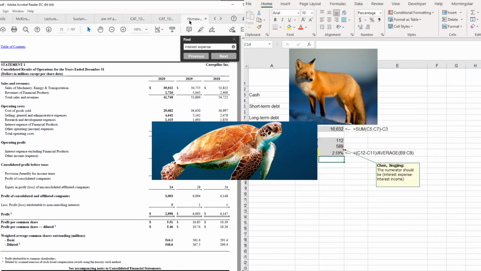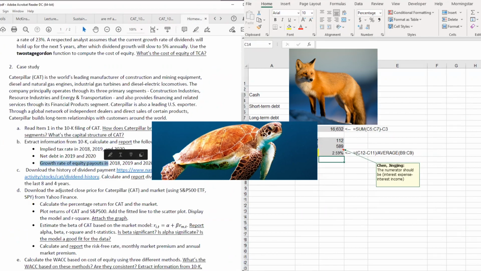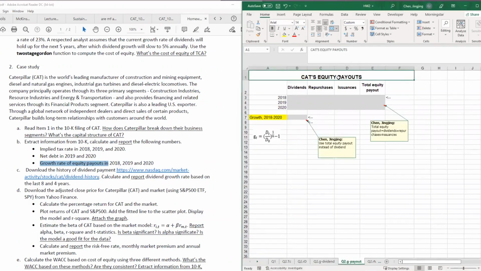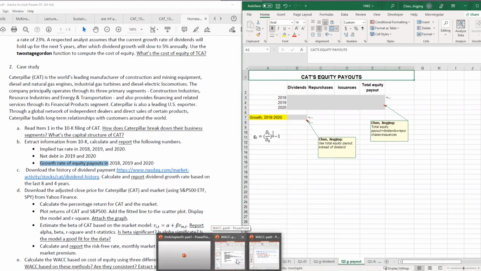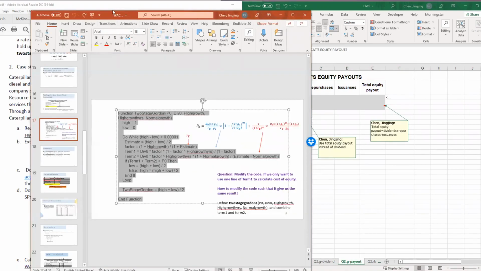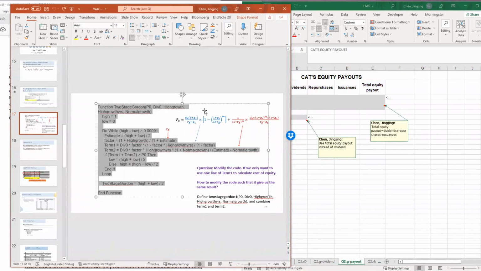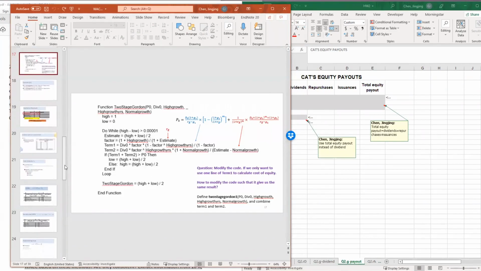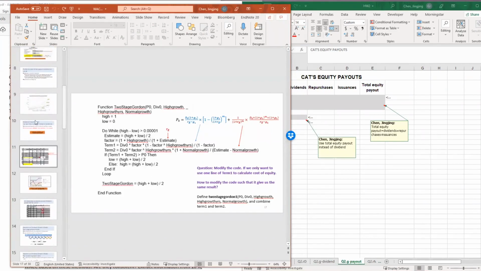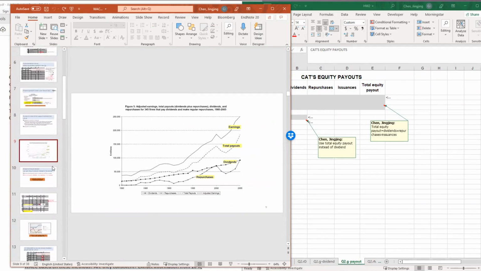Okay, now we can move on to the next question, calculating the growth rate of equity payout. So go to growth rate for equity payout. For equity payout, let's go back to the slides. There are two main ways for companies to pay out their earnings. One is through dividends. Another way is through repurchases. In the old days, companies would prefer using dividends, and dividends have the typical feature of a very steady growth rate.